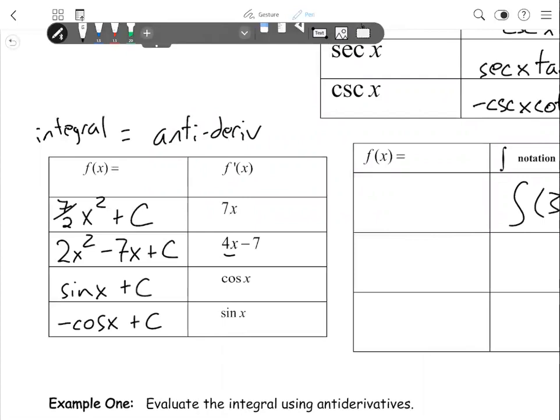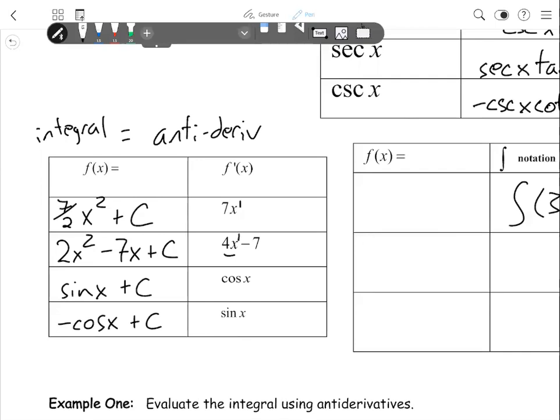So when I do the antiderivative, I have to do the opposite. Instead of subtracting, I'm going to add, and instead of multiplying, I'm going to divide. So for example, I have 4x, and that's raised to the first power. So I'm going to add 1 to my exponent. That gives me 2. That's x squared. And then I divide. 4 divided by 2 gives me 2.